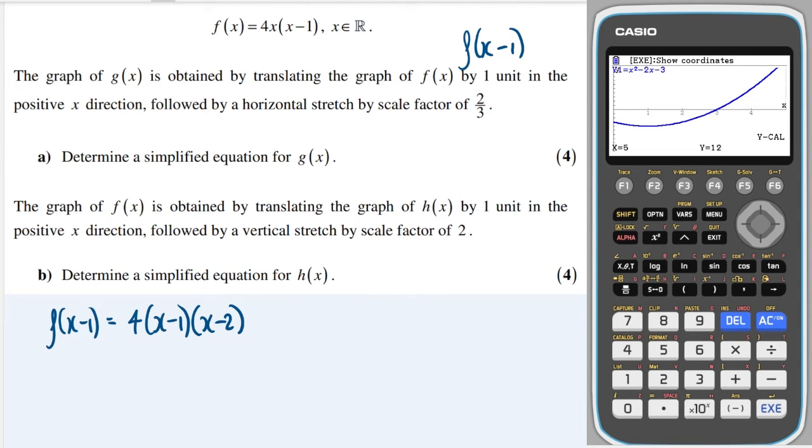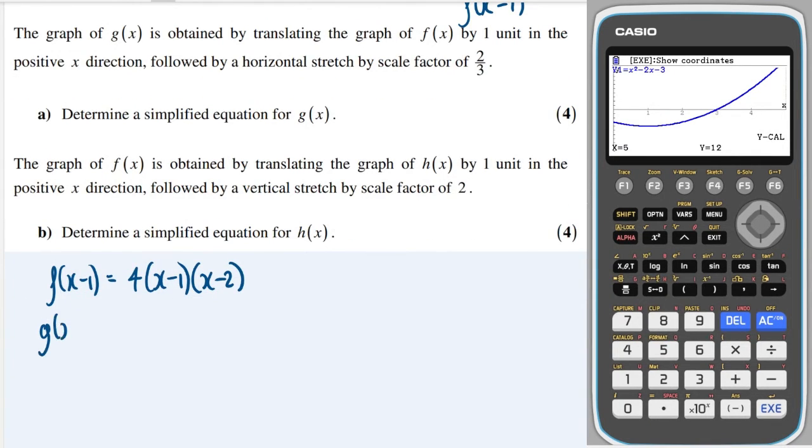Okay, next we're going to take this function and then we are going to horizontally stretch it by a scale factor of 2 over 3. And if you're stretching in the horizontal direction, the scale factor is actually 1 over whatever you multiply by. So therefore, whatever I multiply by needs to be 1 over this. So it's 3 over 2.